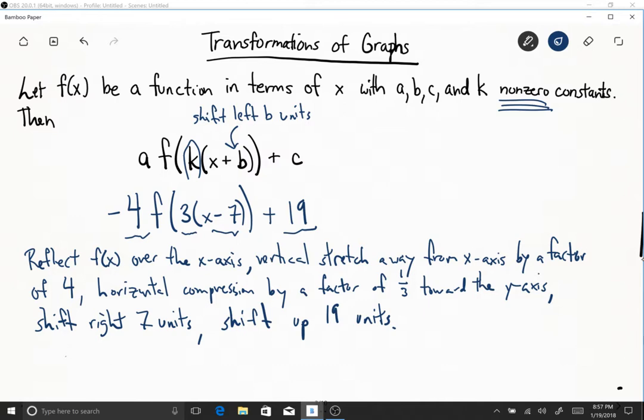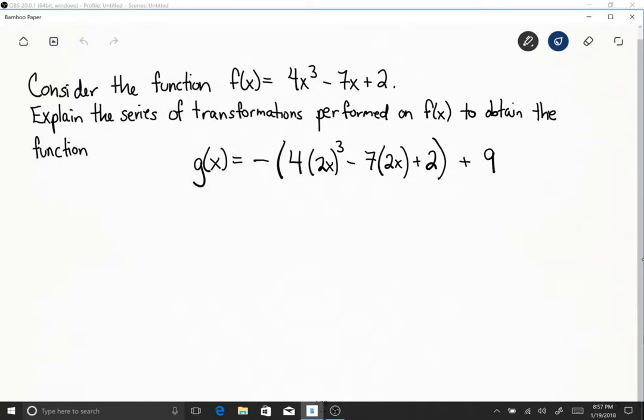Okay, so I'll take a look at that now, since I don't see any questions. So let's consider the function f of x equals 4x cubed minus 7x plus 2.